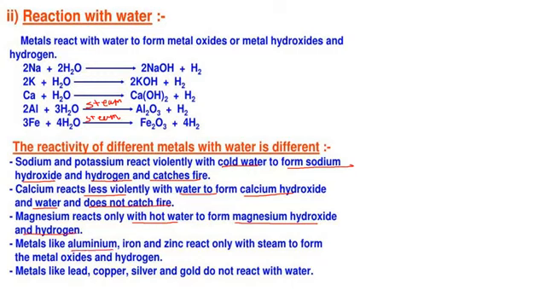Metals like aluminium, iron and zinc react only with steam to form metal oxide, this is very important, and hydrogen. Metals like lead, copper, silver, gold do not react with water, or they show very little reaction with water.